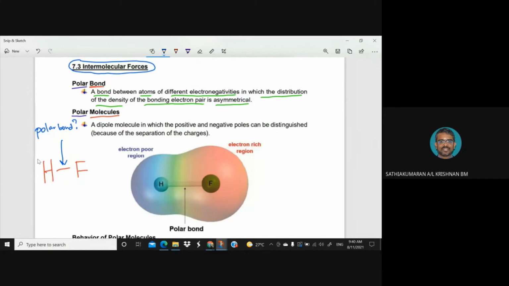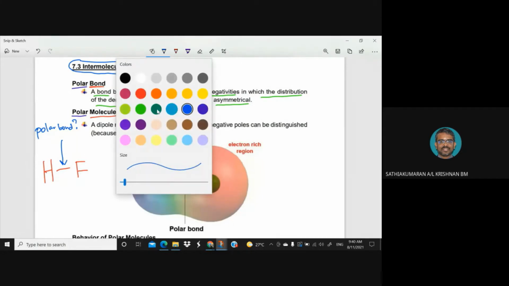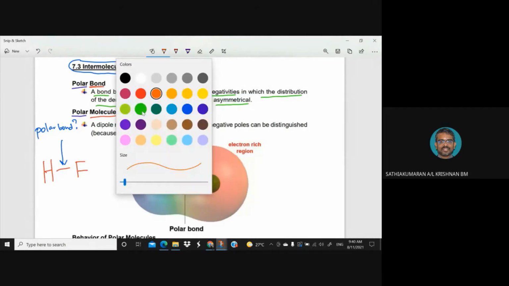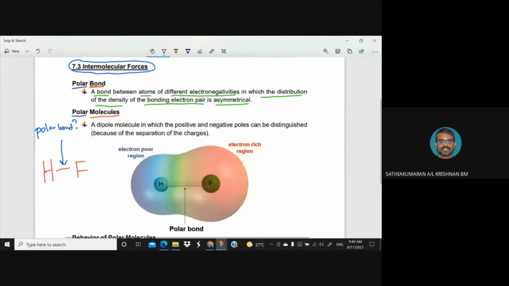First, it should be a covalent bond, sharing of electrons. It must have atoms with different electronegativity. So hydrogen and fluorine have different electronegativity. You can see here, these two atoms have different electronegativity.